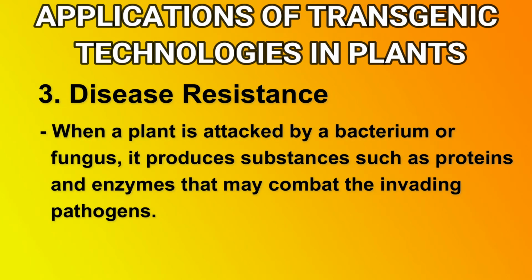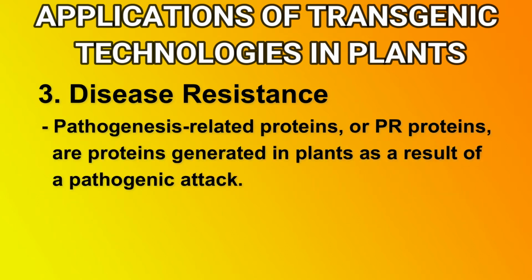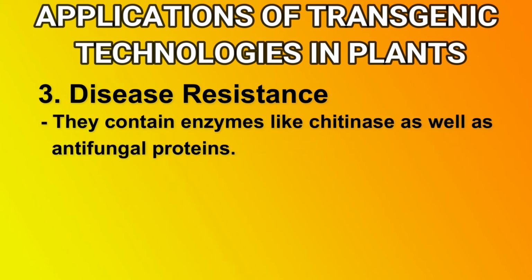When a plant is attacked by bacterium or fungus, it produces substances such as proteins and enzymes that can combat the invading pathogens. Pathogenesis-related proteins or PR proteins are proteins generated in plants as a result of pathogenic attack. They contain enzymes like chitinase as well as antifungal proteins.